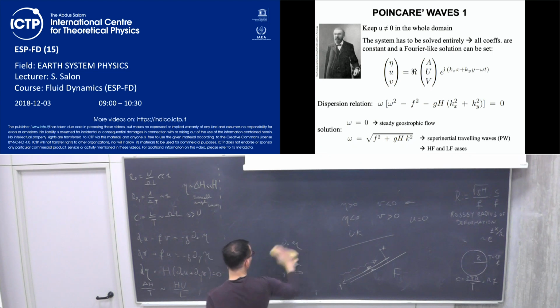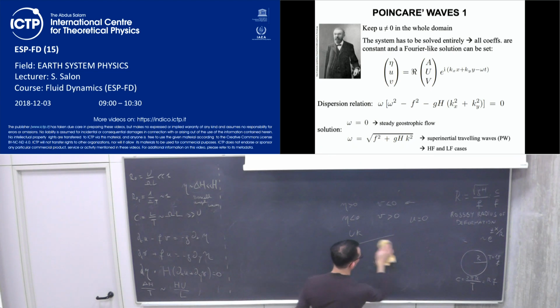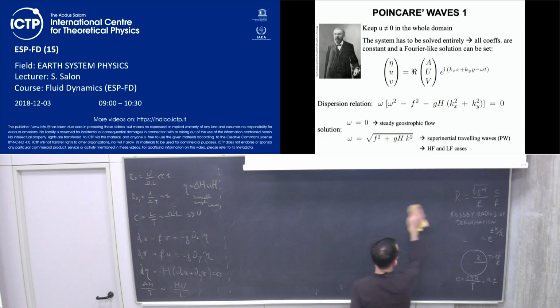So we do not have any kind of boundary, because Kelvin waves, to be sustained, must have a boundary. And if you remember the picture of the geostrophy taken by the satellite, the Kelvin wave can travel in the northern hemisphere always with the coast on their right, and as I said before, represents a sort of perturbation of the geostrophic flow.